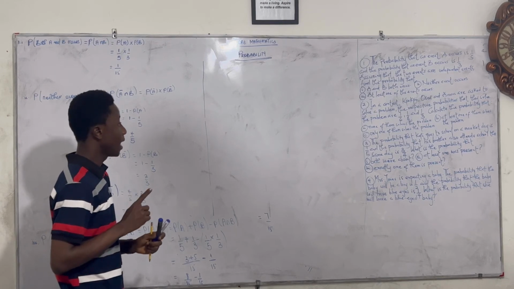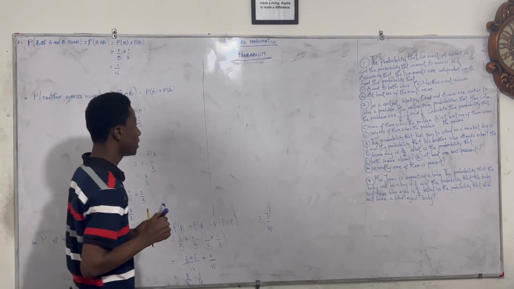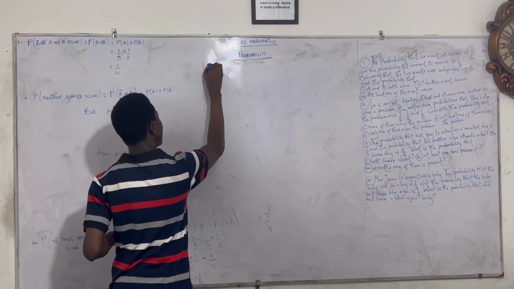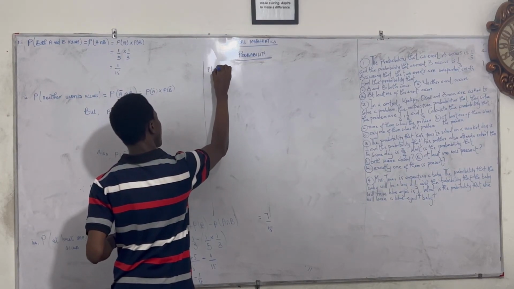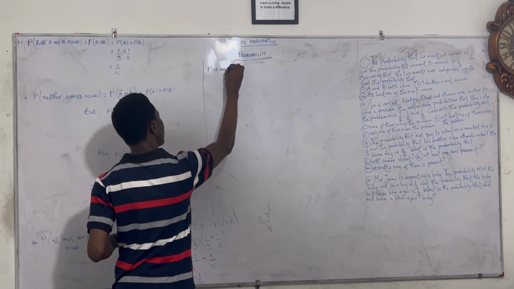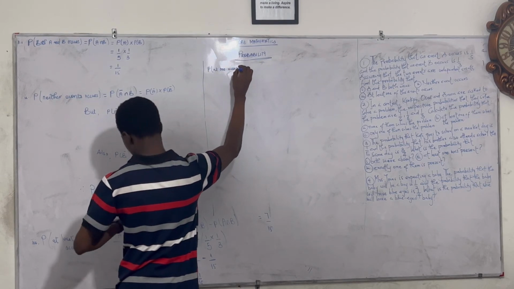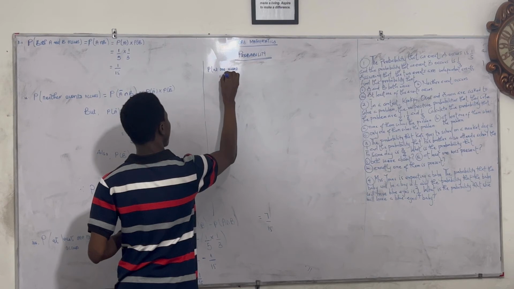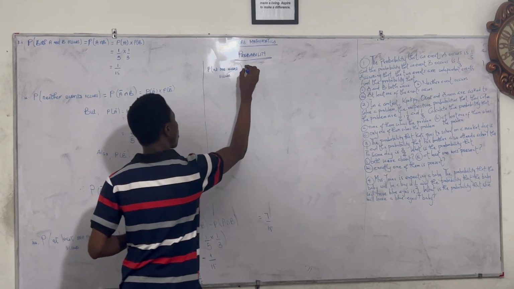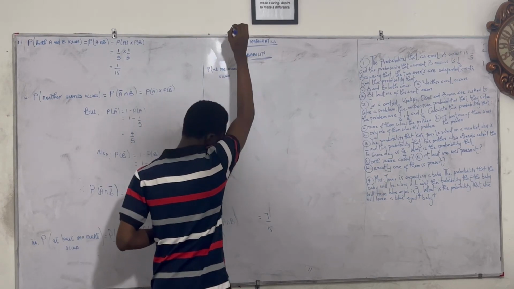Are you here? At least one of the events occurs means, pay attention. The probability that at least one event occurs will be equal to, what are the events involved?